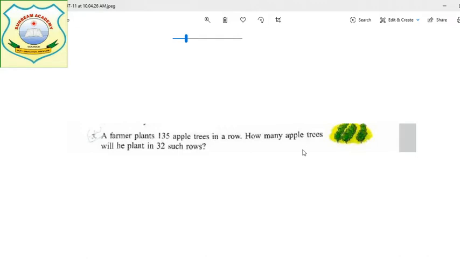Children, are you all writing the question or not? Everyone write fast.